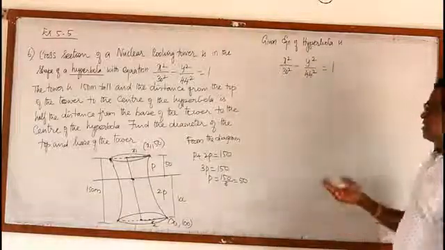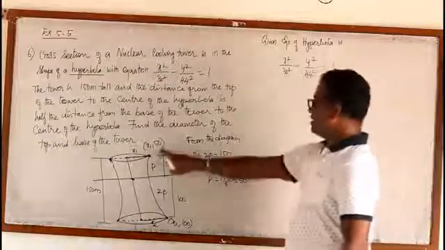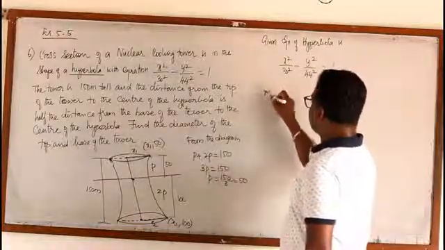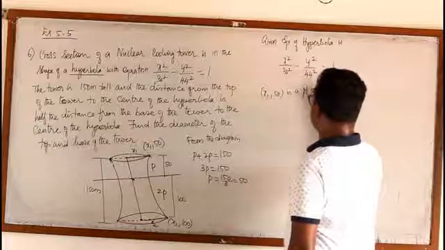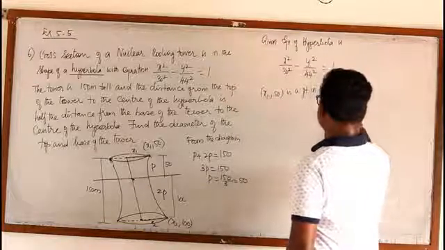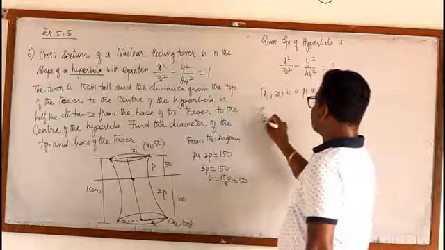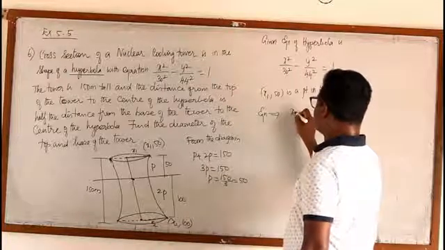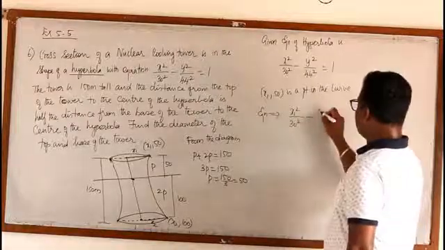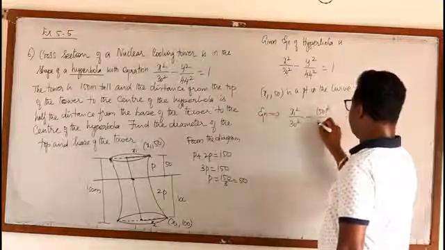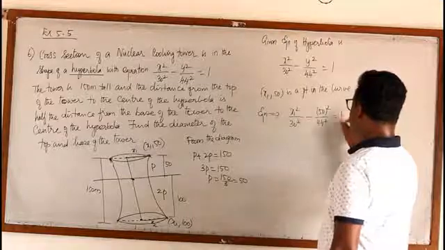First one problem is a simple problem. Now we shall take this point. Now (x1, 50) is a point on the curve. Then the equation becomes x1 square by 30 square minus 50 square by 44 square equal to 1.